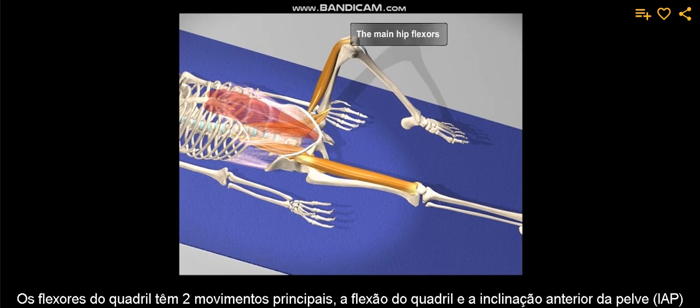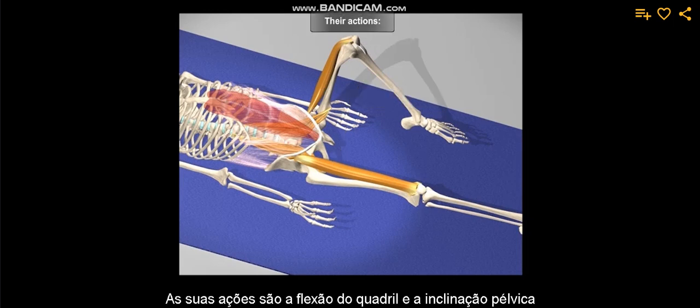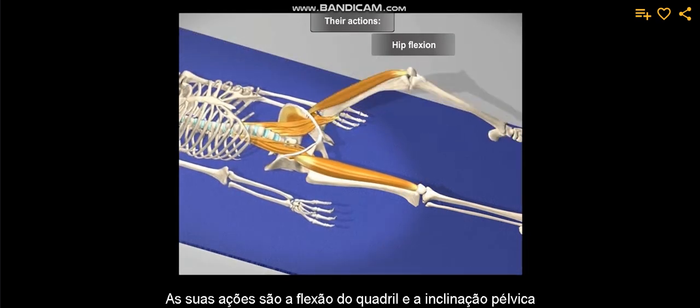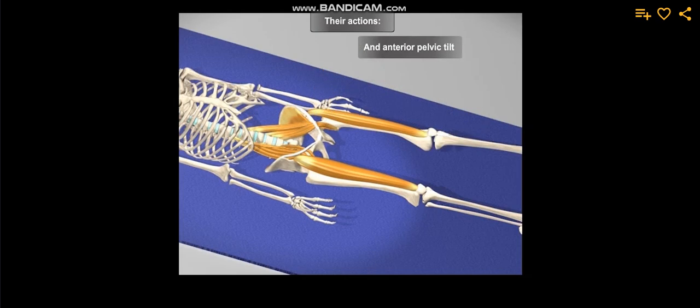The main hip flexors are the iliopsoas and rectus femoris. Their actions are hip flexion and pelvic tilt.